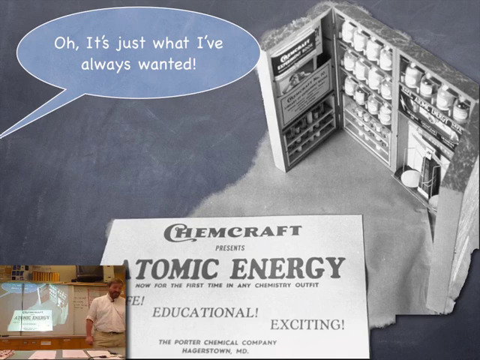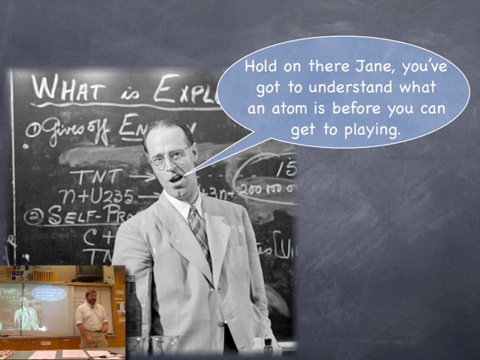So, of course, Jane's father, the chemist, is very concerned and wants to make sure that Jane has a good grasp of atoms before she starts playing around with the radioactive atoms. She needs to understand the nucleus and the electrons, okay? Concepts that you've heard before.